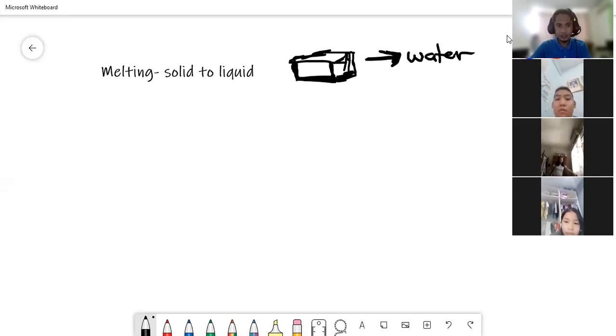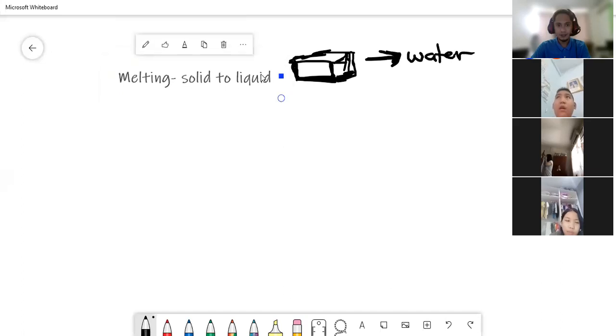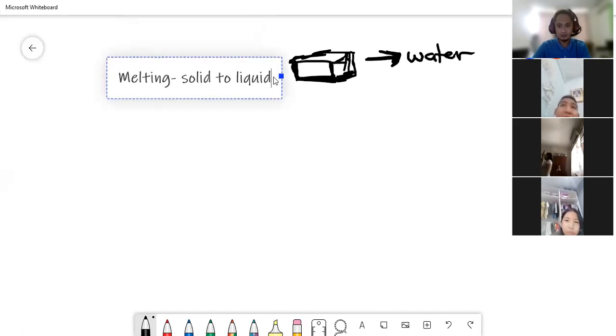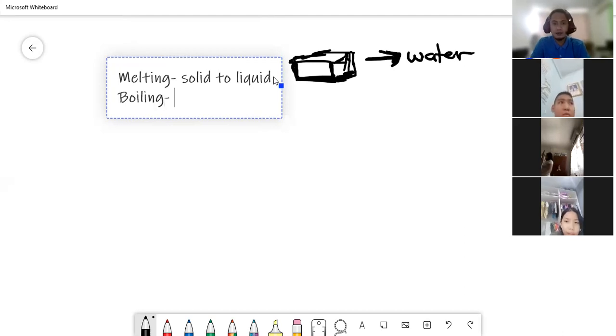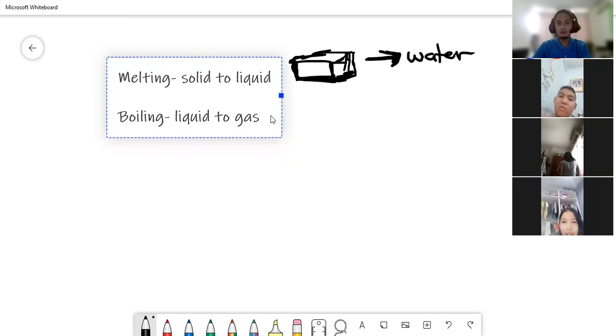How about the second one? Boiling. What is boiling? From water to gas. Liquid, not only water. Liquid to gas. What do we use to boil water? We use fire.